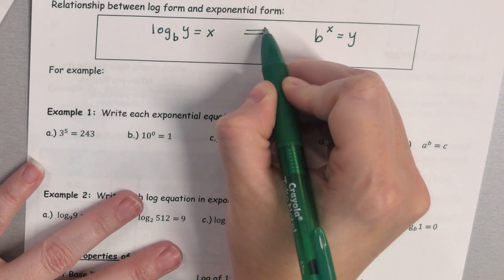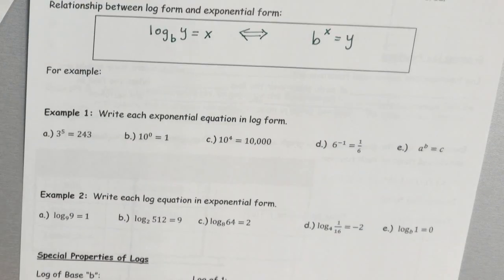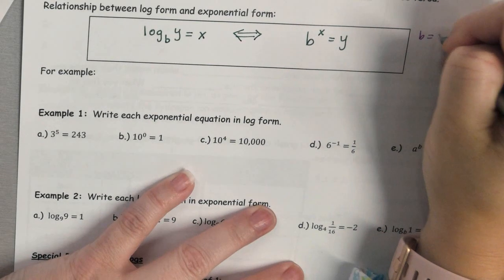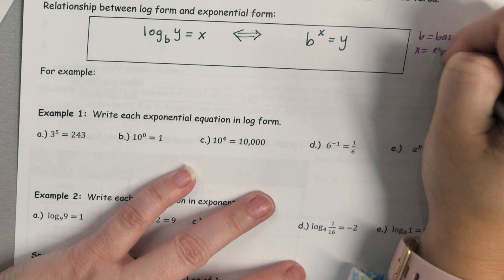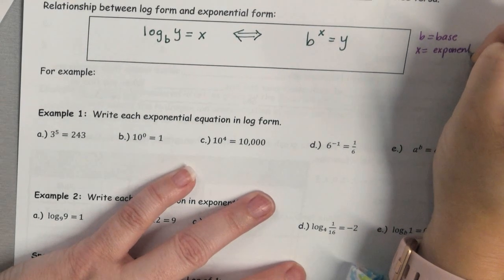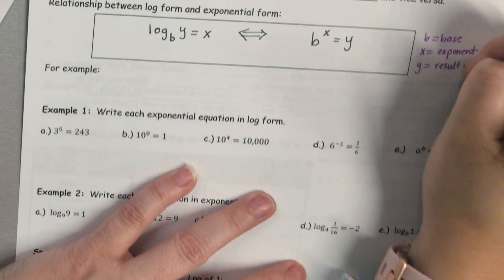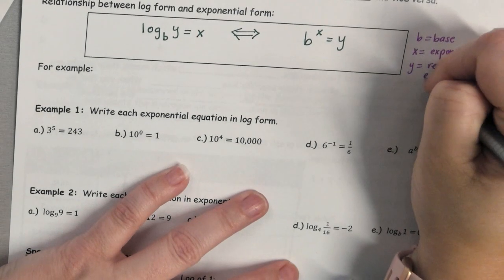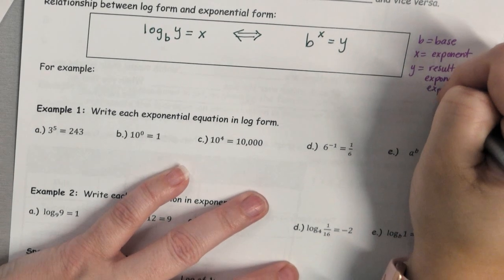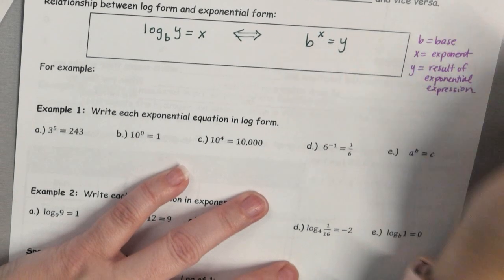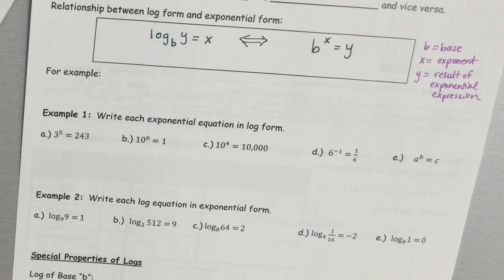Okay, so these two are interchangeable. In this form, your b is your base. Okay, the x is the exponent. Okay, and then the y is the result of the exponential expression. So when you evaluate the exponential expression, in this form, that is your y.